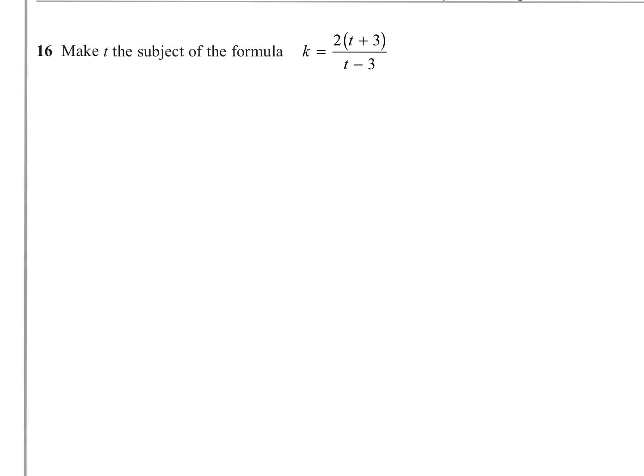Question 16. Here we have to make t the subject of this formula. So let's have a look. The first thing we can do is multiply both sides by t minus 3.